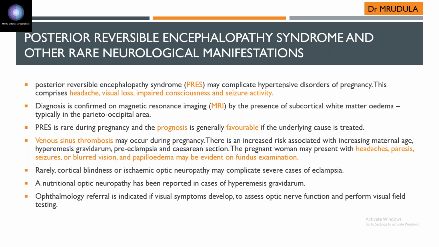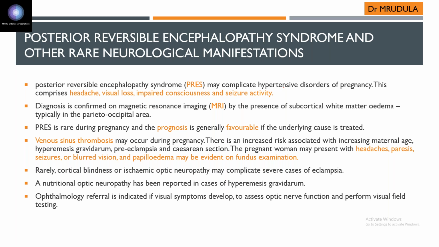Other causes can be venous sinus thrombosis. The increased risk of venous sinus thrombosis is associated with increased maternal age, hyperemesis, preeclampsia, and cesarean section. The presentation in case of venous sinus thrombosis will be headache, paresis, seizures, blurred vision, and papilloedema. Also, cortical blindness or ischemic optic neuropathy can occur in case of severe eclampsia.